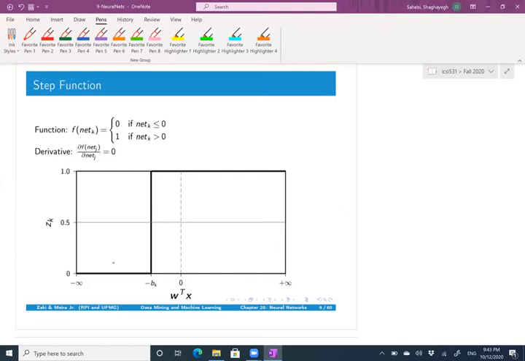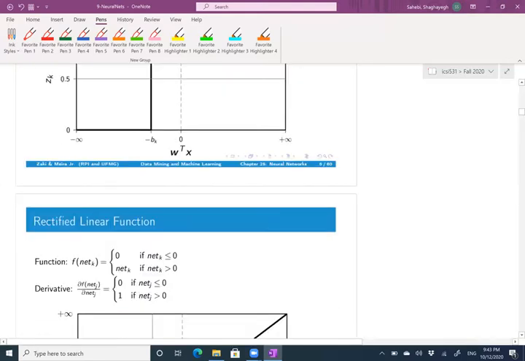So people don't use the step function that much, but this was one of the first functions that people introduced.